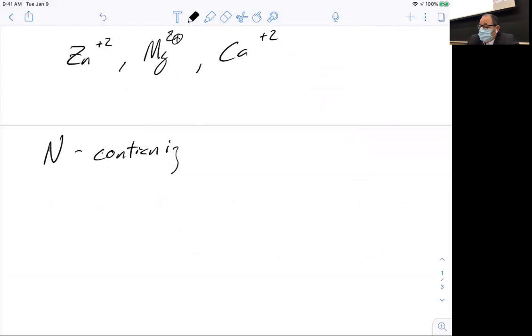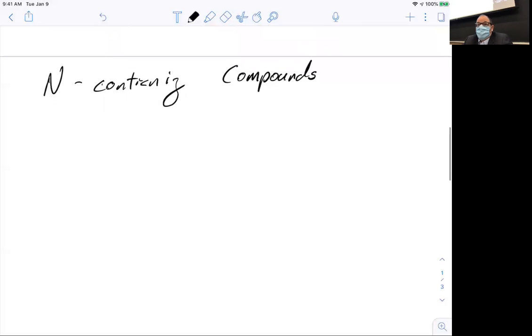Because of the importance of nitrogen containing compounds in biological systems, let's go ahead, and the Soderberg book actually has a whole section on this. So let's talk about it briefly.